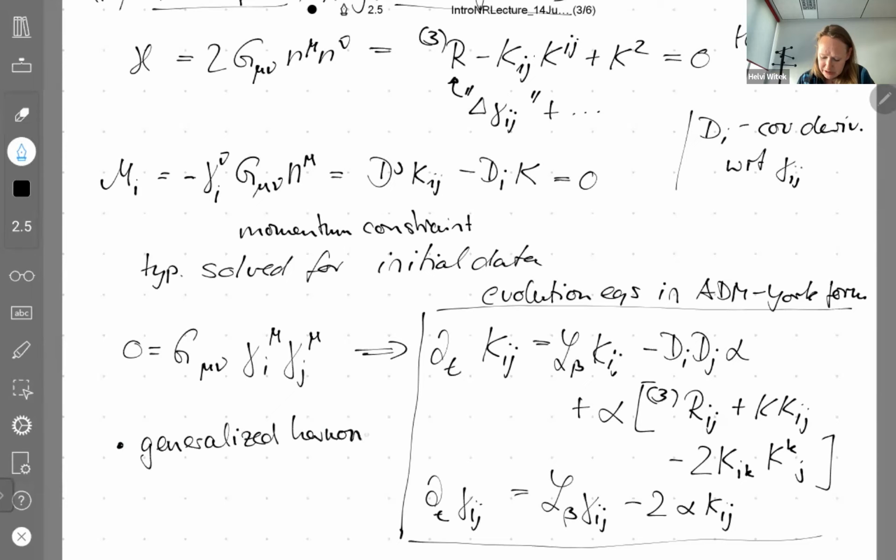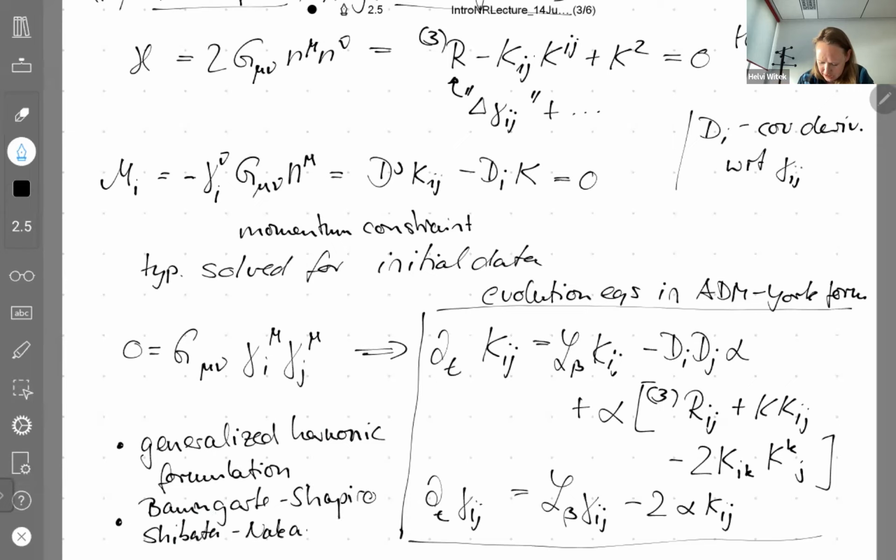And this is what was used, for example, in the very first successful binary black hole simulation by Frans Pretorius in 2005. It's also, I think, the basis of the formulations that I used in the SXS collaboration that Masha mentioned yesterday. And the other bulk of formulations go under Baumgarte, Shapiro, Shibata, and Nakamura system, or short BSSN.